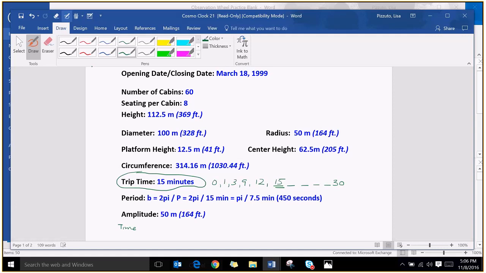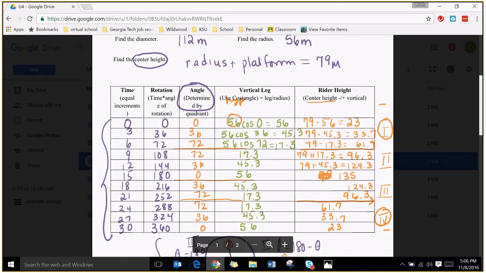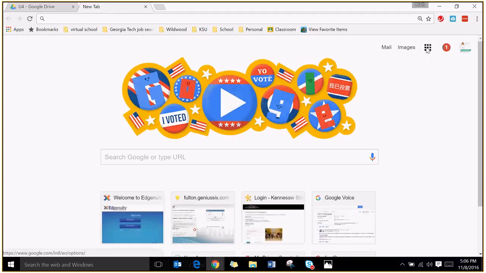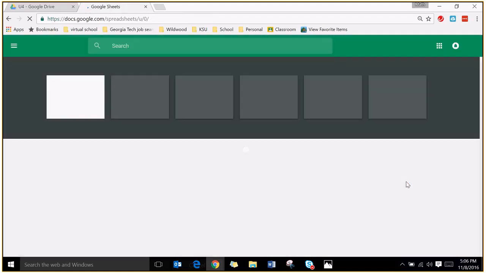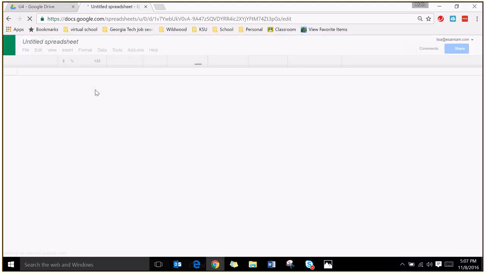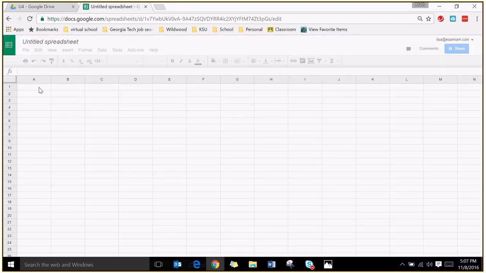So let's talk about how we get that into the Google Sheet first. When you pull up your Google Sheet, your first label is time.